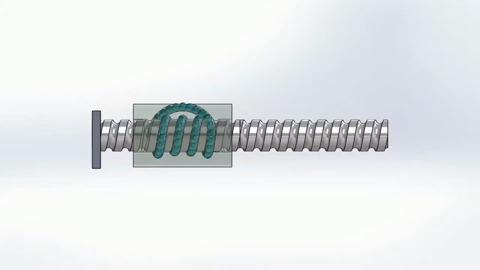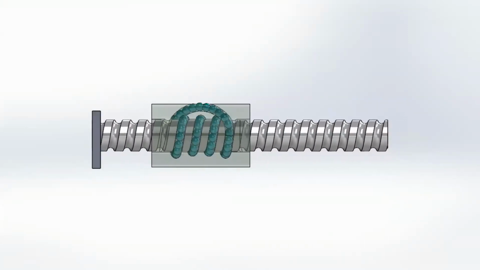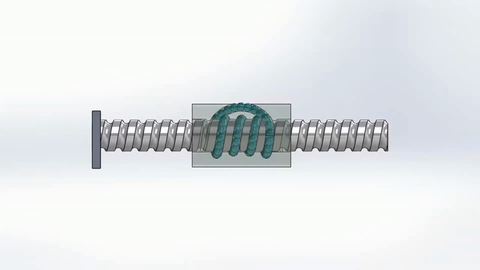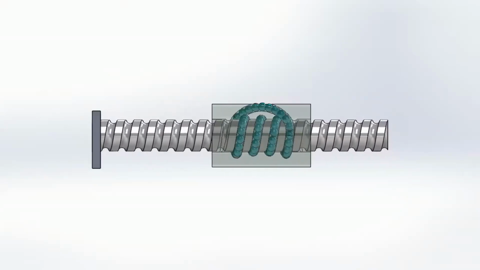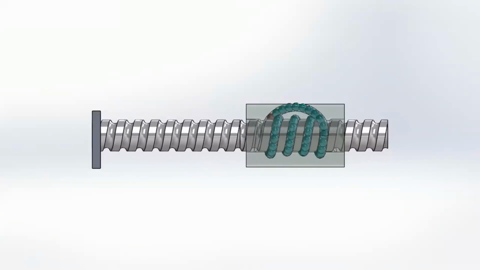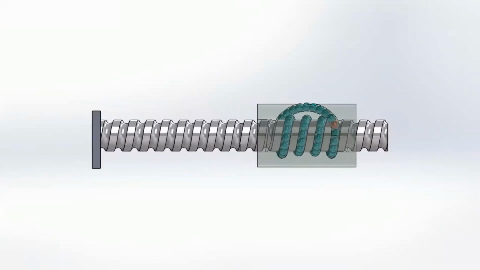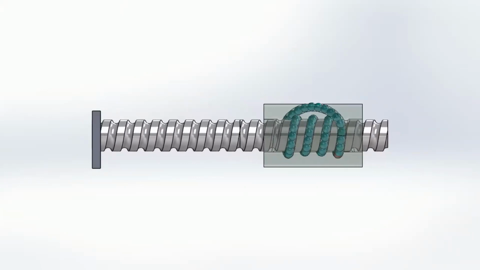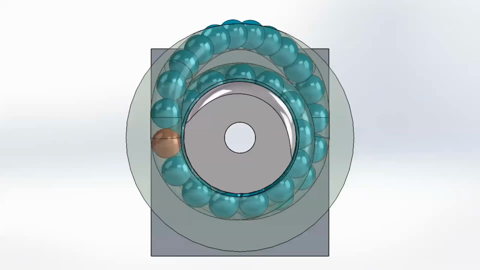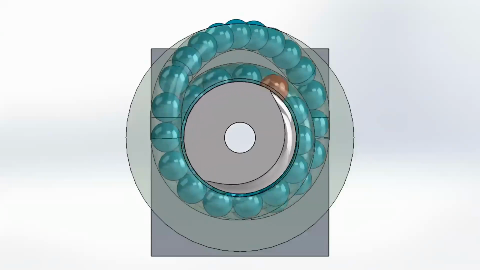So as we look at this, what do you feel might be some of the advantages of an arrangement like this? Anyone? Yeah, super smooth. And why would you think that's going to be super smooth? Yeah, it is a ball bearing, but what's the advantage of a ball bearing?